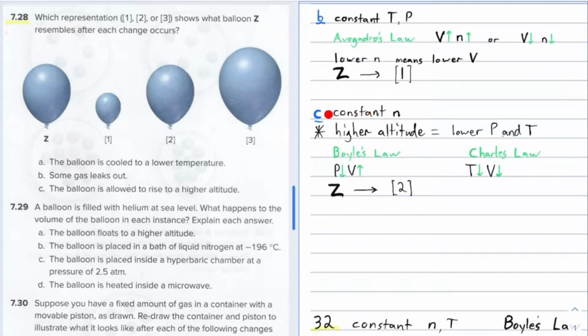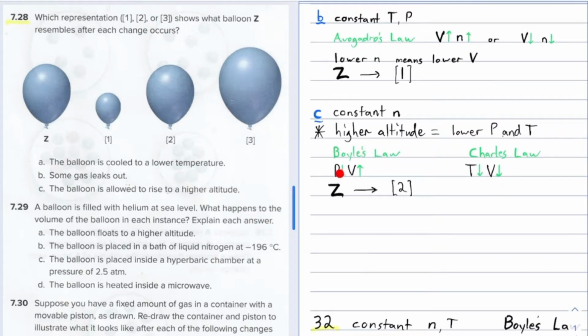Now it doesn't say anything about losing or gaining any moles, so we're going to assume that the moles are constant. Well, we can think of lowering the pressure as a Boyle's law situation. When the pressure goes down, the volume goes up. But on the other hand, if you lower the temperature, Charles' law tells us the volume gets lower.